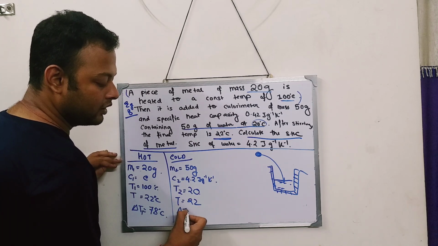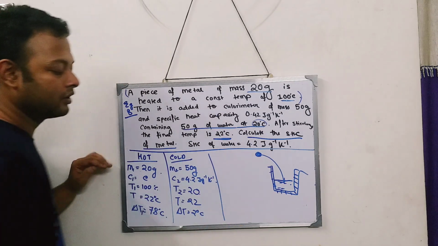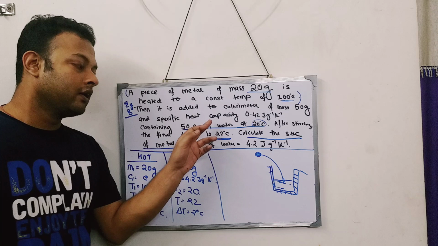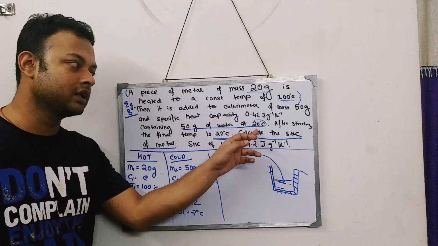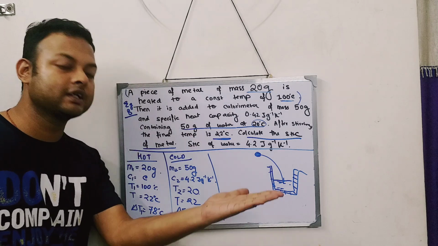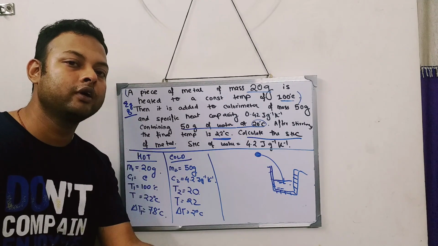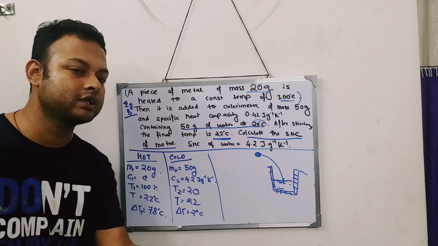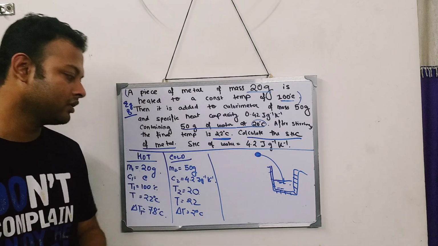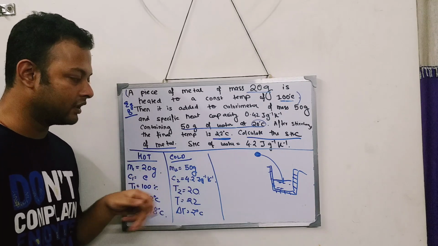So delta T will be 2 degrees centigrade. Did you understand? The water is initially at 20 degrees centigrade. When you put the hot body, the temperature rises to 22. So what is the difference? 2 degrees. So for the cold water also, I got m, c and delta T.